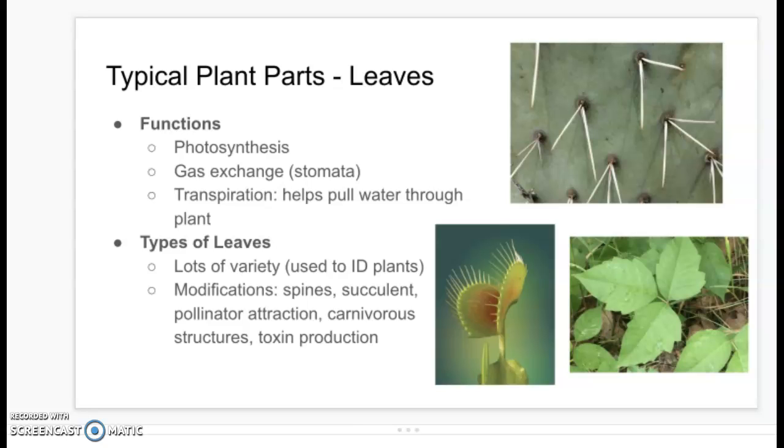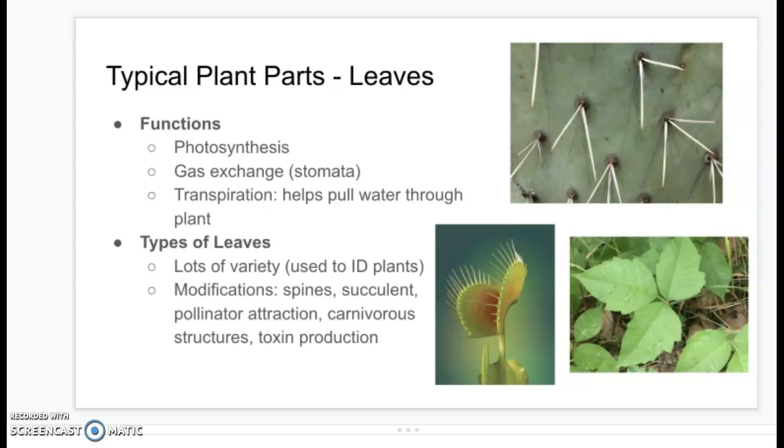So leaves, there's a lot of variety, and with this variety, as you can imagine, they were all adaptations that came depending on what the plant needed at the time of where it lived. So environmental adaptations.